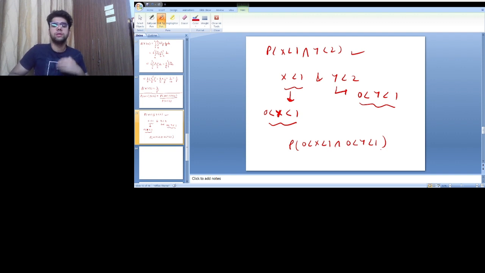Why? Because y cannot go above 1 and x is already less than 1, right? And we know that the value of this is equal to 1. What this means is we are just checking the total area under the curve. We just found the value of this in the first part, you can check that out again. So this is equal to 1.